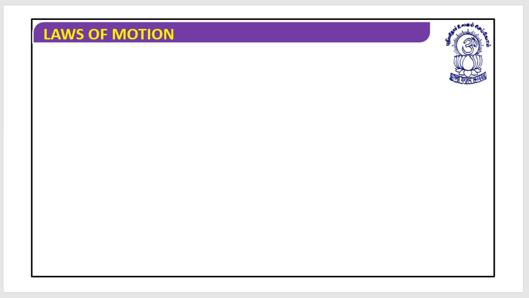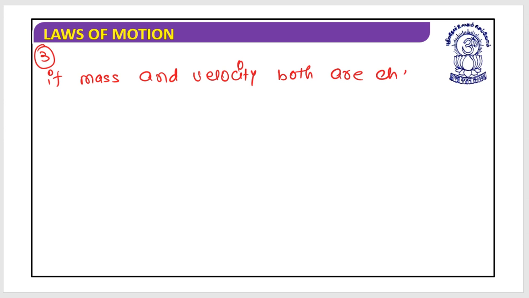Let's observe a third case. Again, this is a very rare case, but it could be there. At least mathematically we can derive this. If mass and velocity both are changing, we can write F is equal to dp by dt.